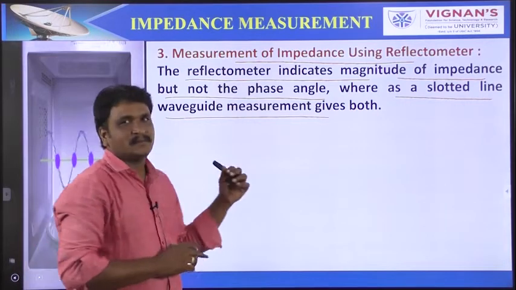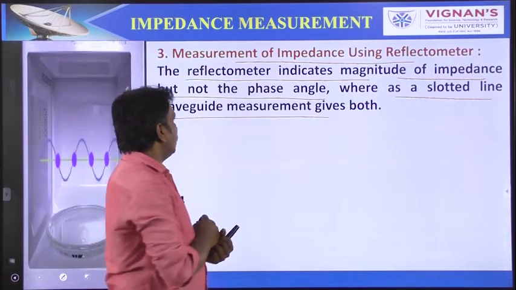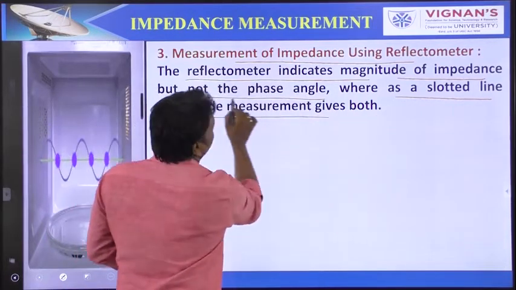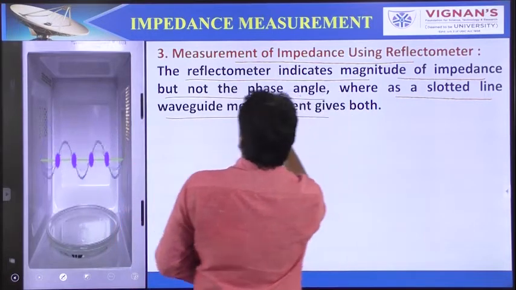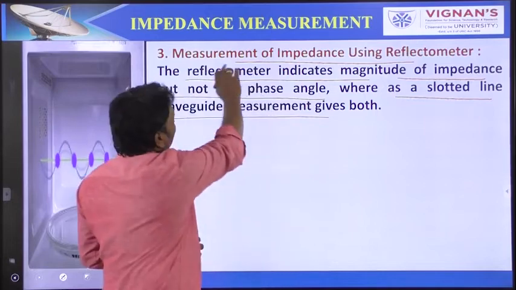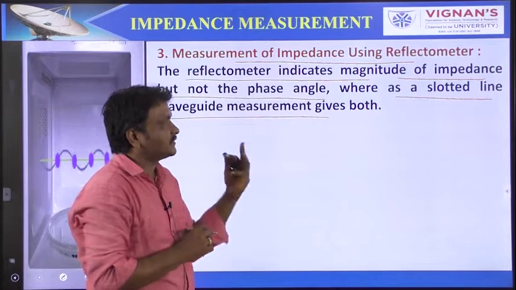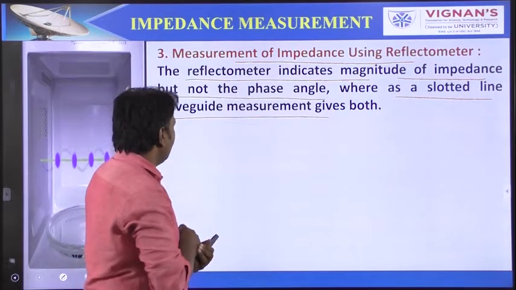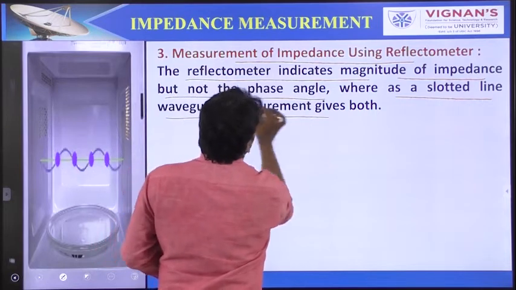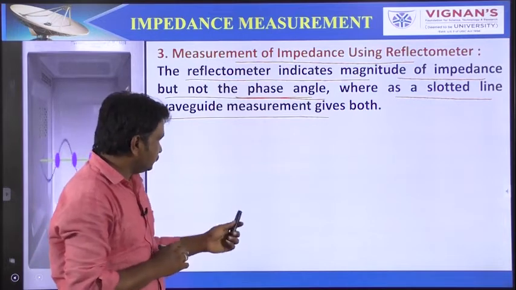In the previous impedance measurement using the slotted section, it gives both the magnitude and the phase angle. But in this method, measurement of impedance using the reflectometer, it provides only the magnitude but not the phase angle.